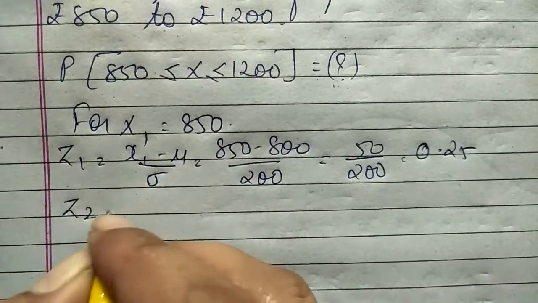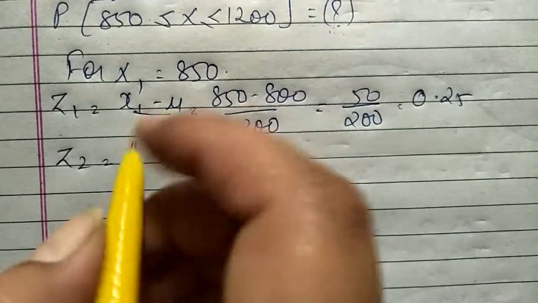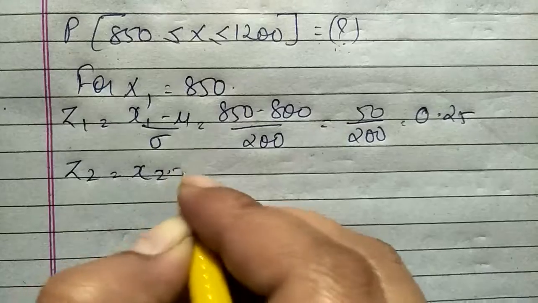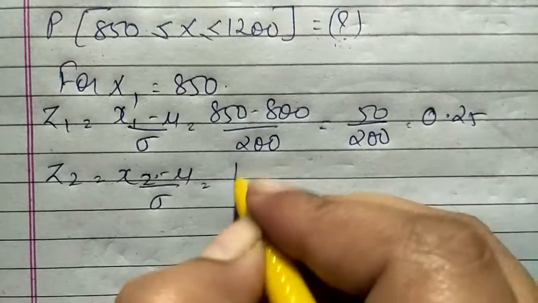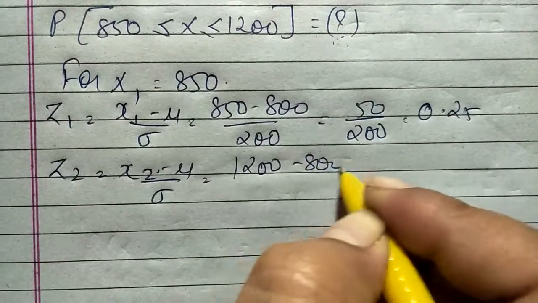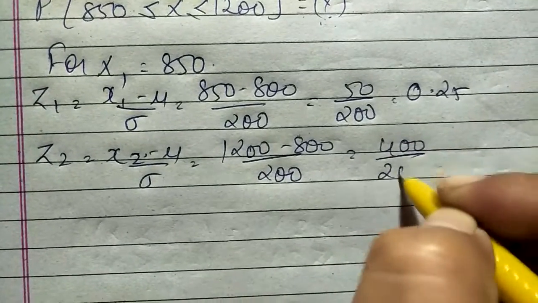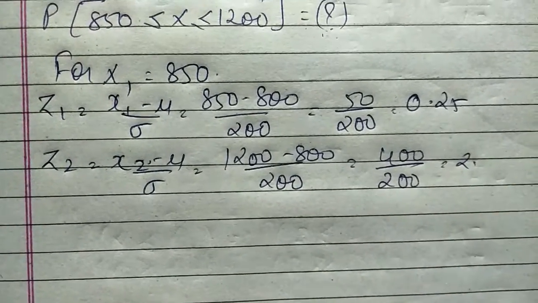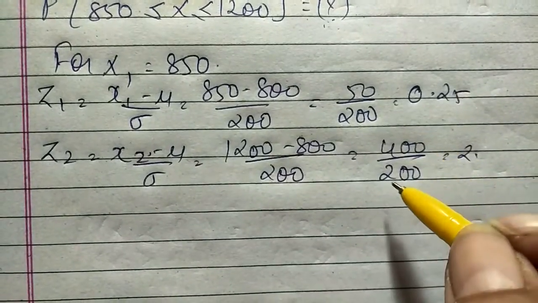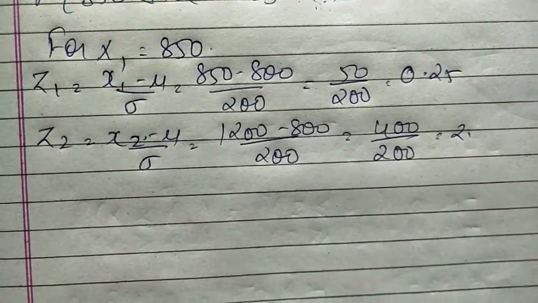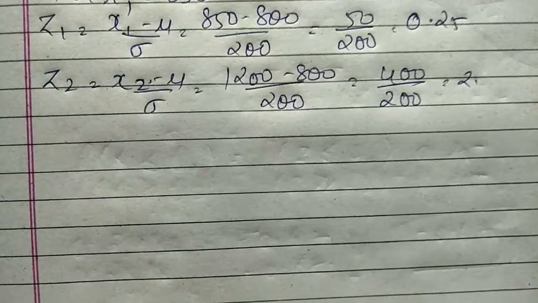And for Z2 equal to (X2 minus mu) upon sigma, that is (1200 minus 800) divided by 200, the answer comes to 2. So these are the values which we have found. Now let us make the diagram for these values.